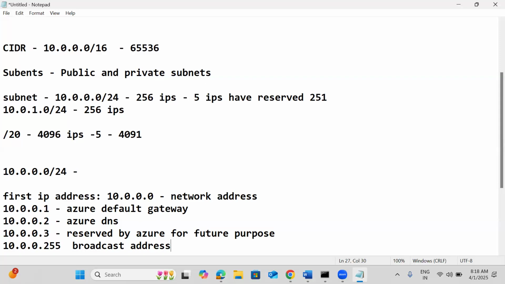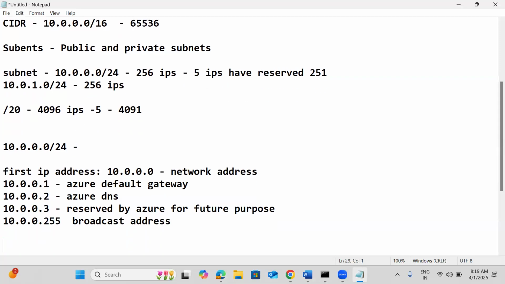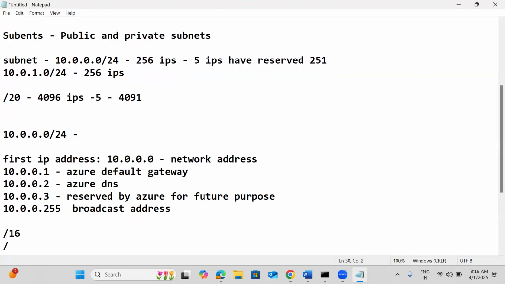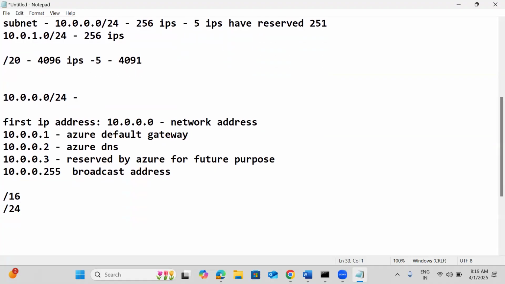So what are the minimum and maximum CIDR ranges supported by Azure? In our use case, we gave /16 for the VNet and /20 or /24 for the subnet. But the minimum size Azure supports is /29.